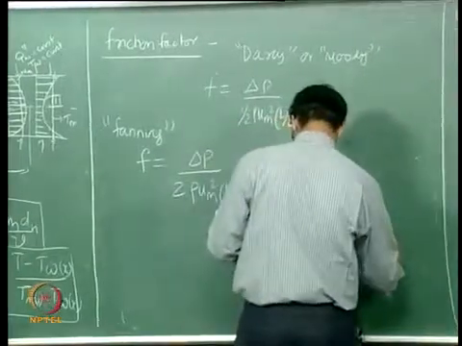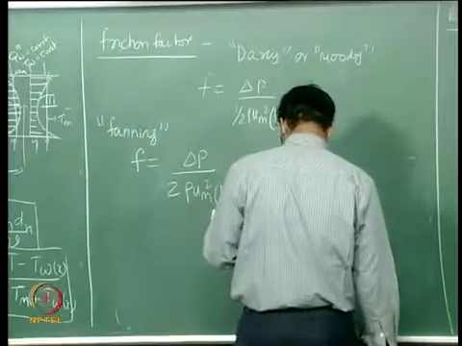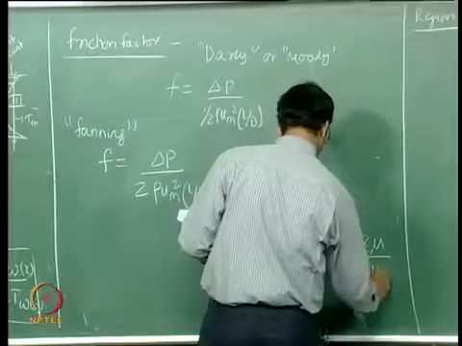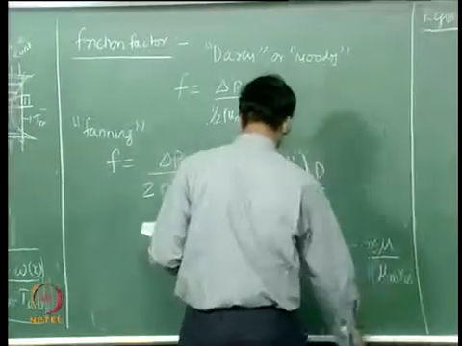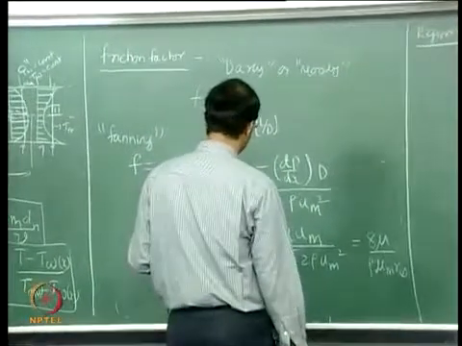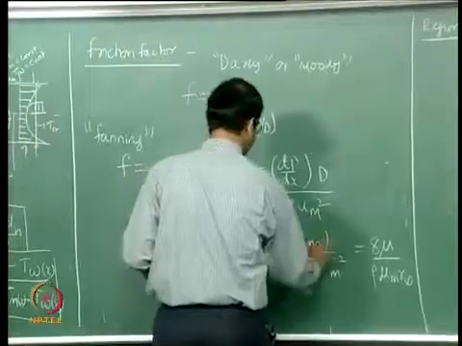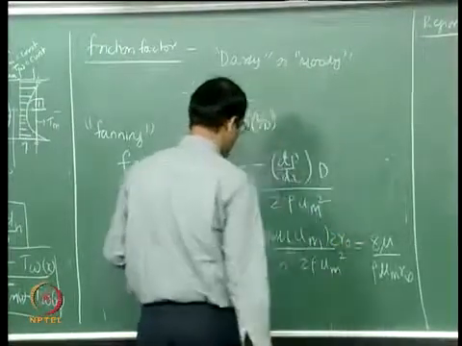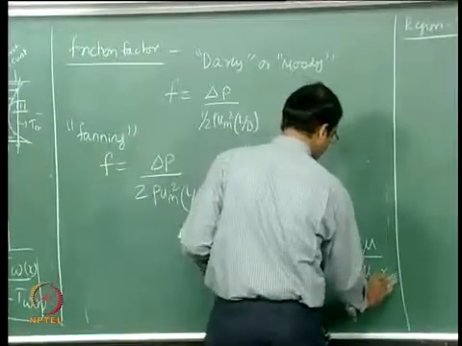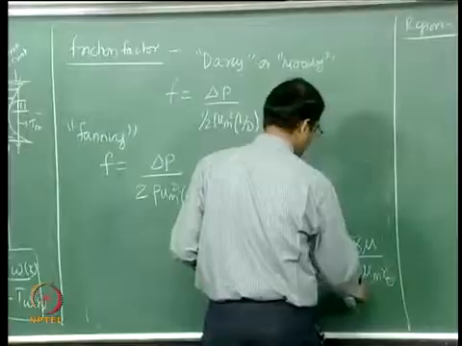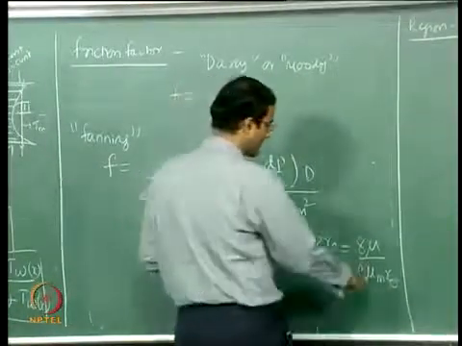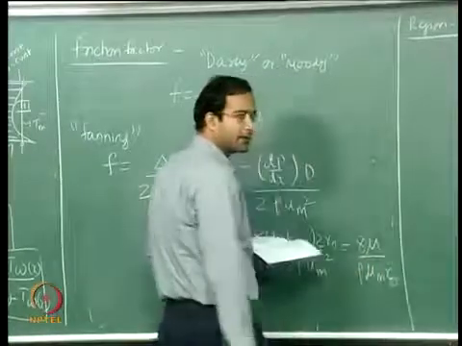So this should come out as 8 nu by um r naught. Here d is twice r naught, and now you can define the Reynolds number, um rho and this you can write as d by 2. So this will become 16 divided by Reynolds number.